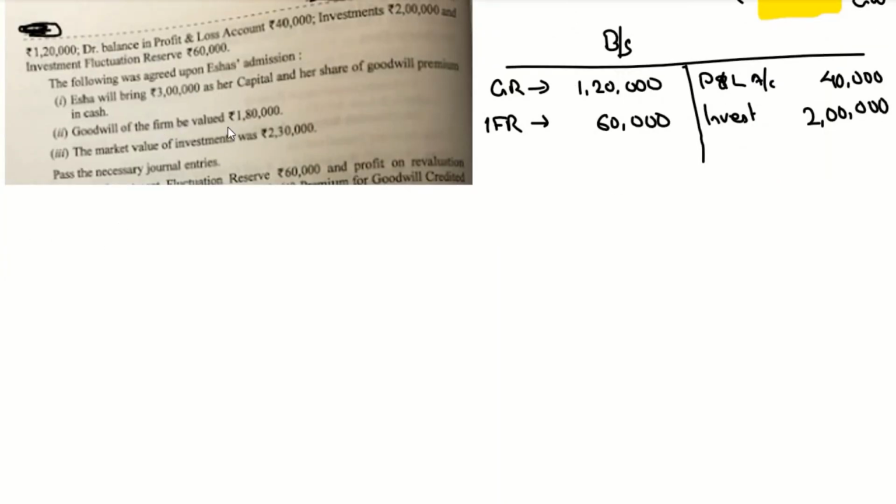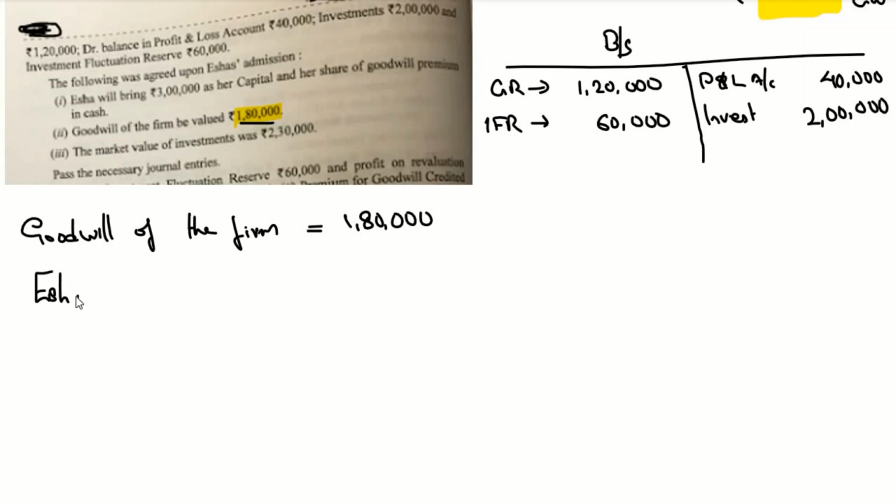We know the goodwill of the firm. Goodwill of the firm is mentioned, it is 1,80,000, it's mentioned here. So we will calculate Isha's share of goodwill here. Okay, first goodwill of the firm. It is 1,80,000 mentioned in the question. Now we have to find Isha's share of goodwill.